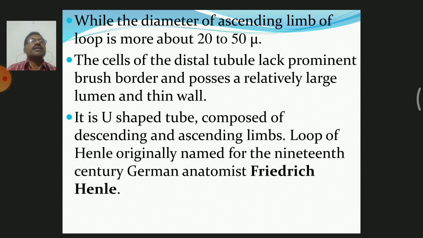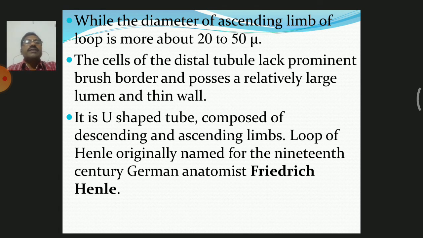The cells of the distal tubule lack a prominent brush border and possess a relatively large lumen and a thin wall. It is a U-shaped tube composed of descending and ascending limbs.